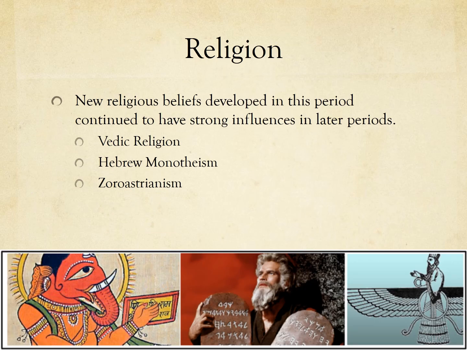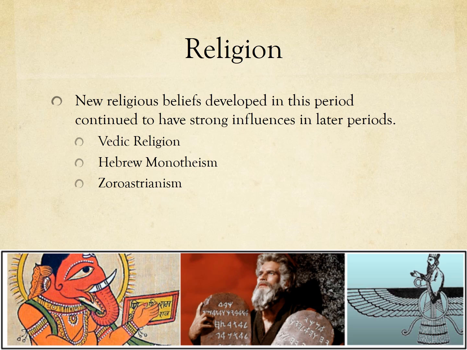As for religions, so now you've got free time on your hands and you're starting to think about why things are the way they are. So you've got new religious beliefs being developed in this period, and they continue to have a lot of strong influences in later periods. So the Vedic religions, that was brought by the Aryans over into India, and that was combined with local Hindu traits, and you now have the creation of Hinduism, more of how we know it today.